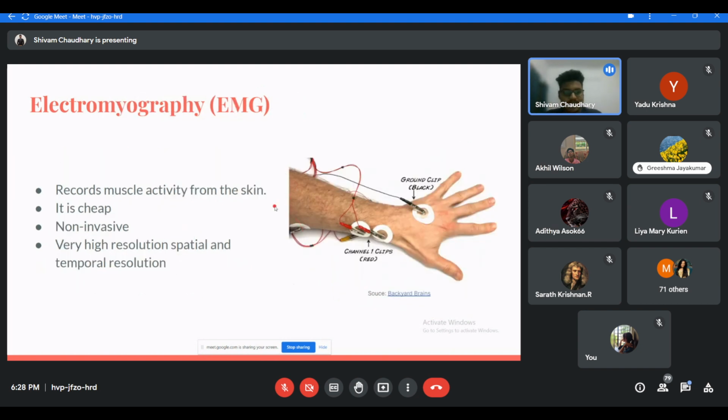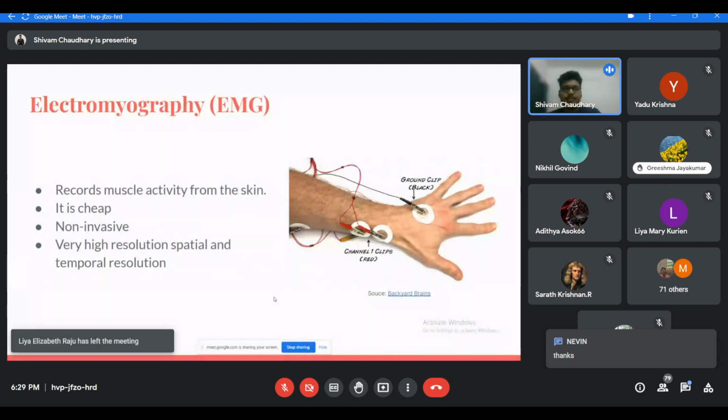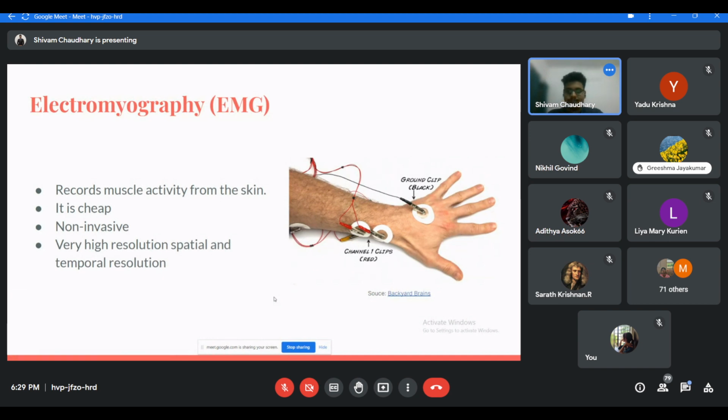Let's move to EMG. So see the white ones. These are single-use, very cheap, with good temporal resolution, meaning it can record activity even a millisecond apart, and it can also tell you precisely the location of the activity.